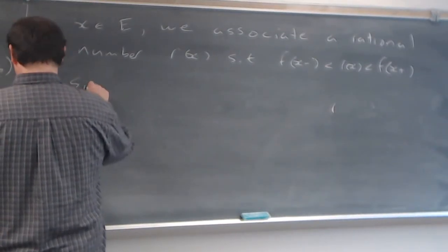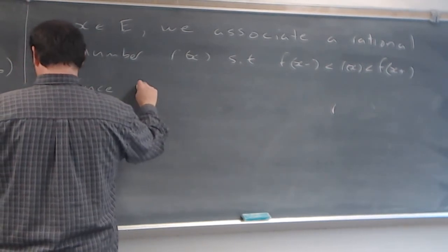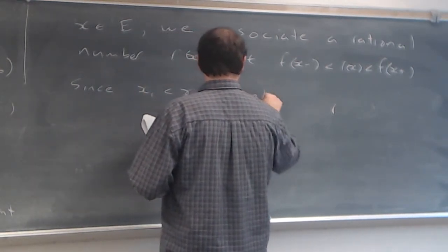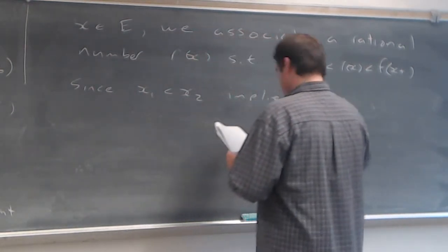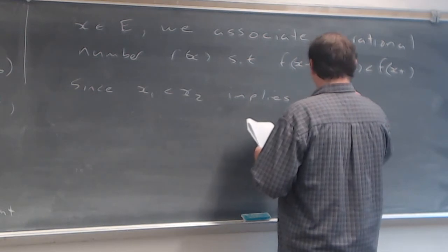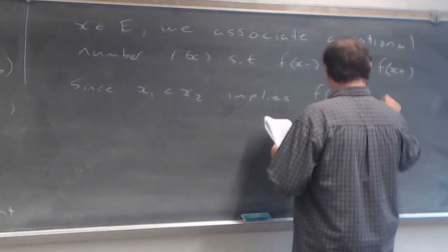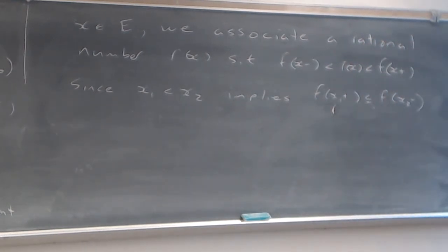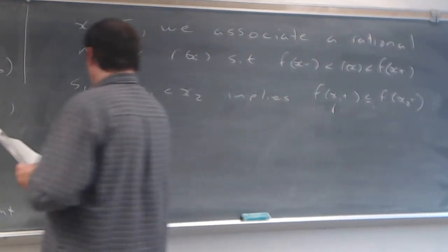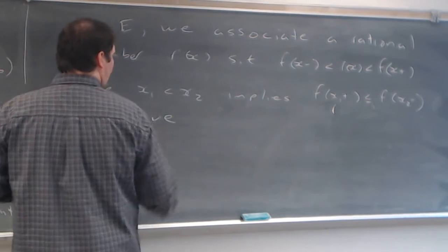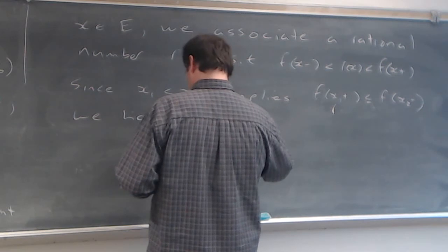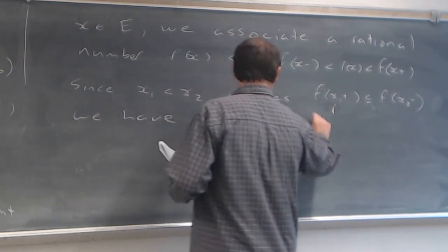Okay, so since x of 1 being less than x of 2 implies that f of x of 1 plus is less than f of x of 2 minus, we have that r of x of 1 is different than r of x of 2.